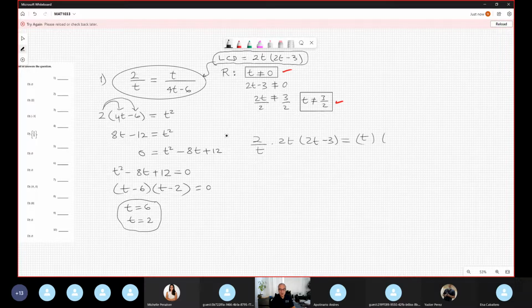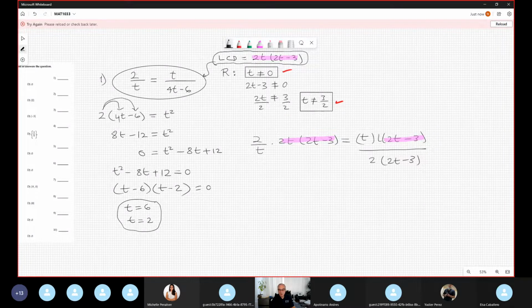t times 2t minus 3 over 4t minus 6, which is 2 parentheses 2t minus 3, no? But the thing I did was take the LCD, which is this, and multiply this and this.